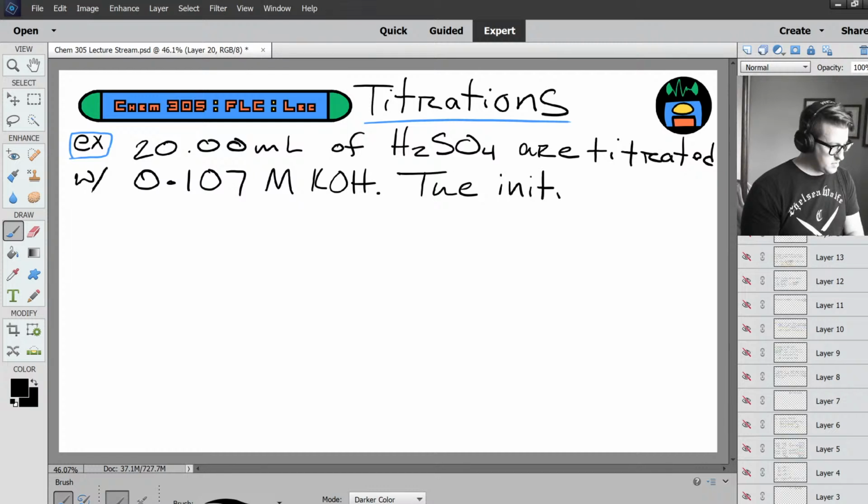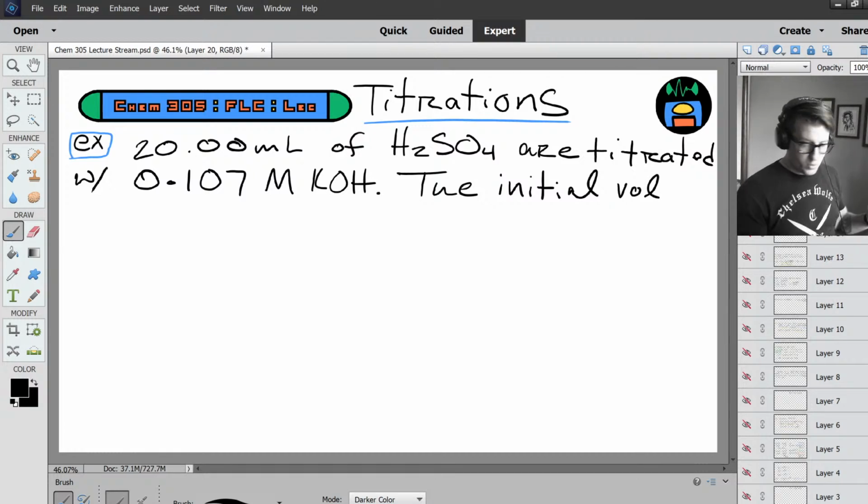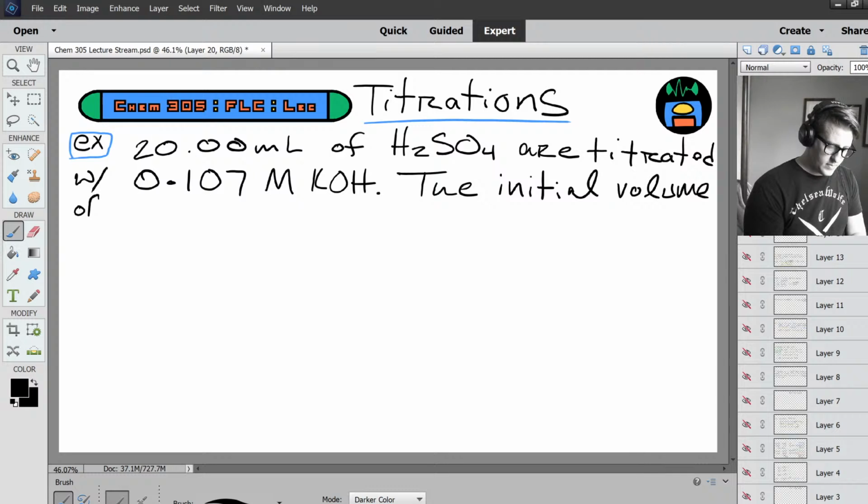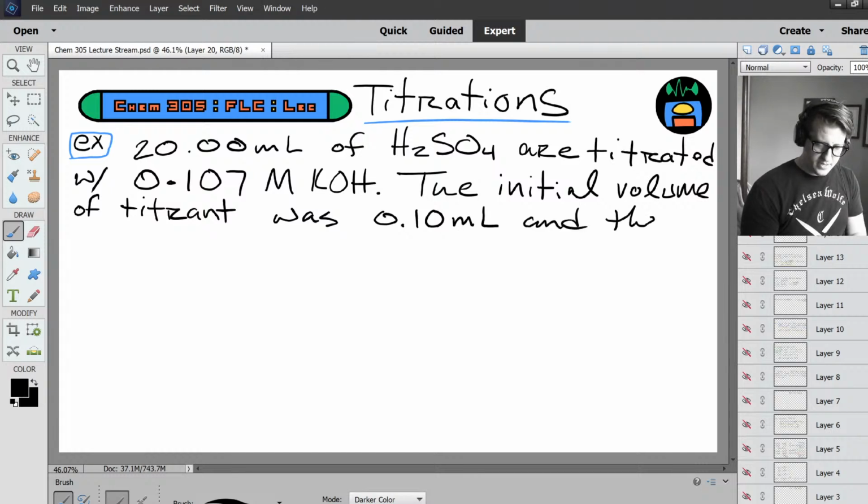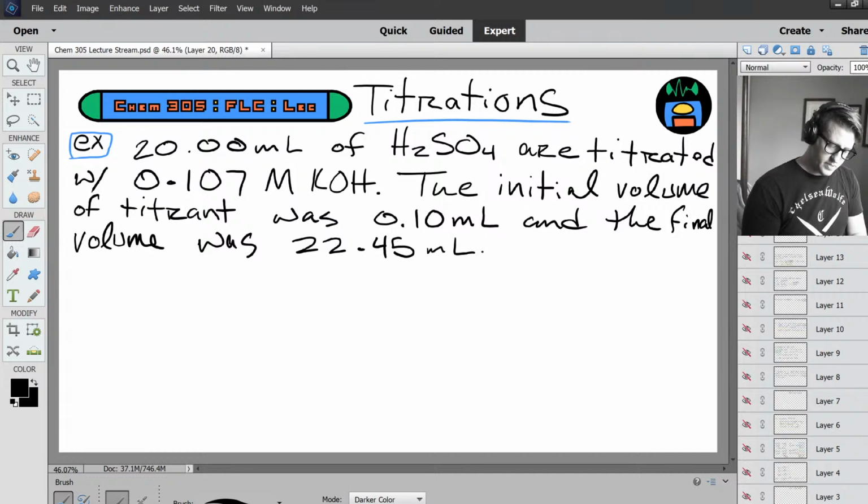The initial volume of titrant was 0.10 mL, and the final volume was 22.45 mL. What is the molarity of sulfuric acid?